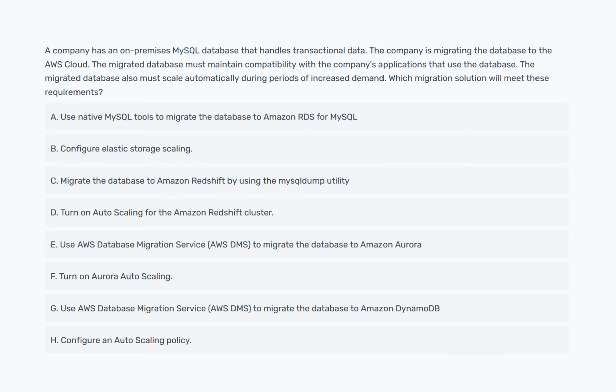Redshift is going to be a data warehouse, so it's not compatible with MySQL applications, right? And also DynamoDB is not compatible with MySQL-based applications, right? So I believe these two are going to be the answers, right? All right, let's go into the next question.